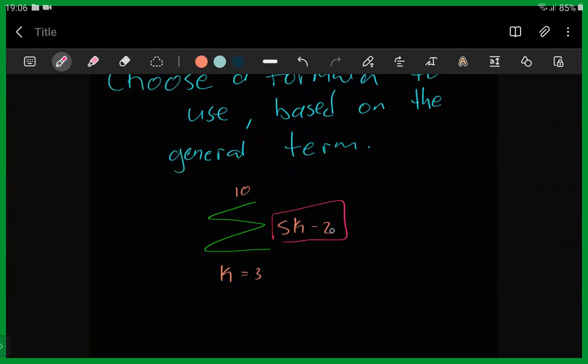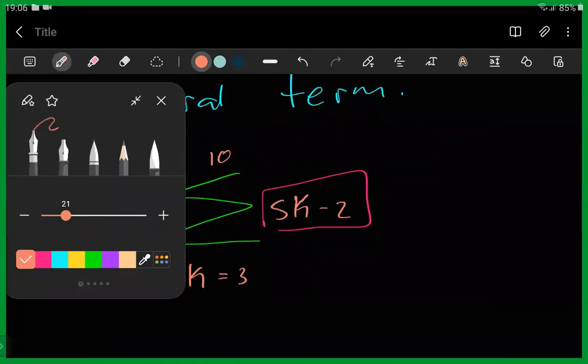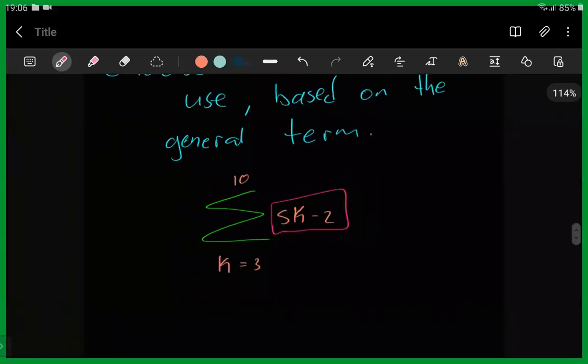Now the thing is, as long as the variable is not an exponent, you are dealing with an arithmetic series. I'll even write it down here.